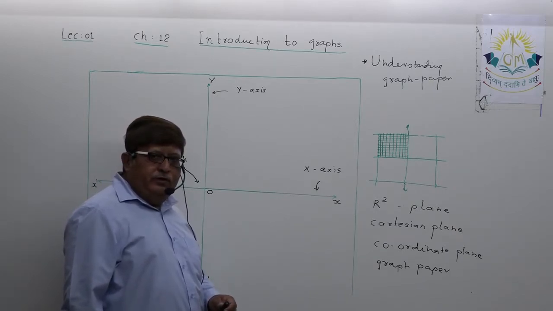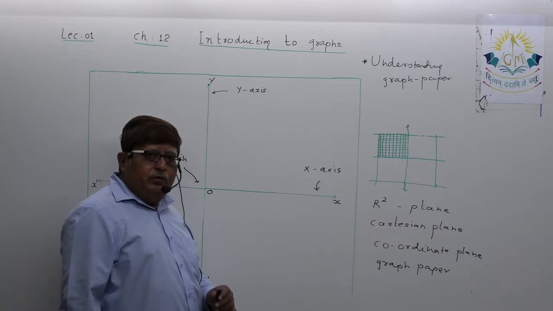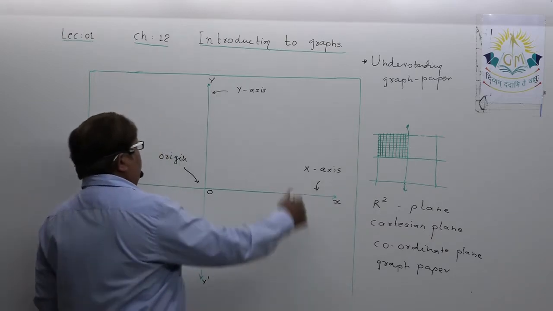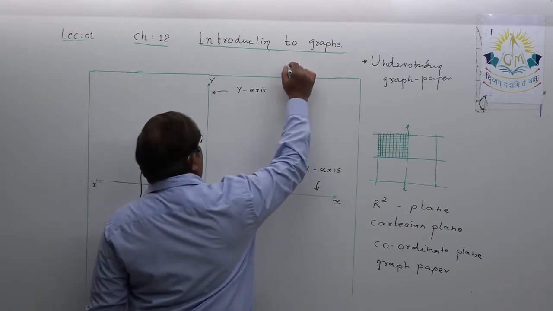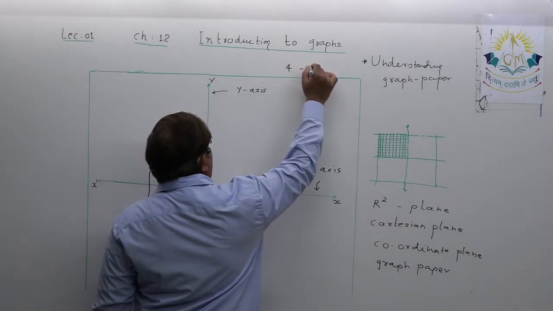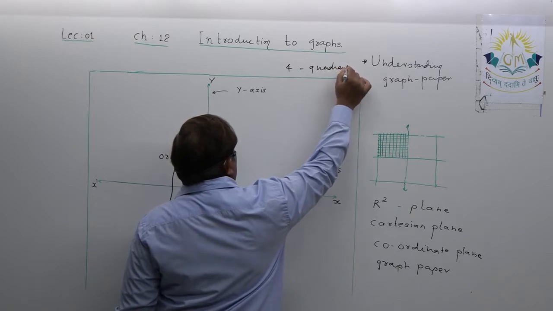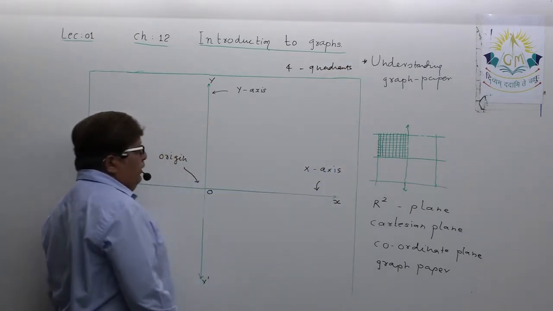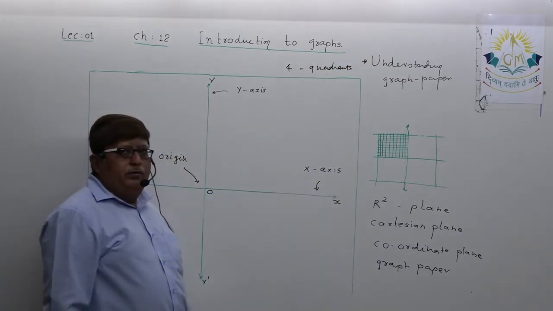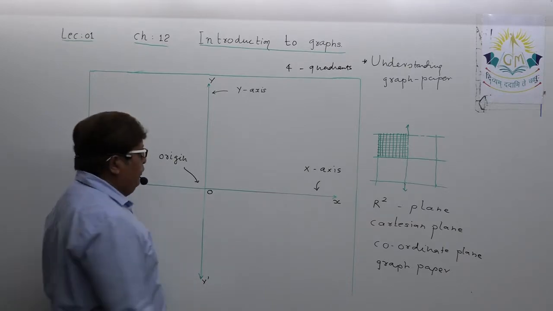Each region is known as a quadrant. Okay, so there are actually four quadrants. The graph paper here is divided into four quadrants.